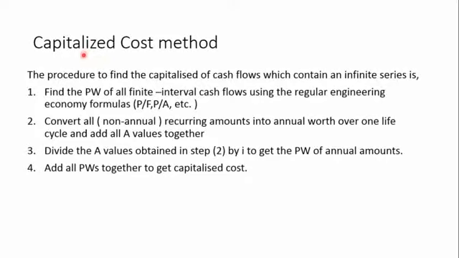Okay, got it. So basically the capitalized cost method represents the present worth of the alternatives for the projects. What is the present worth of that project for a particular time period while analyzing the alternatives? Hence the capitalized cost method is used.